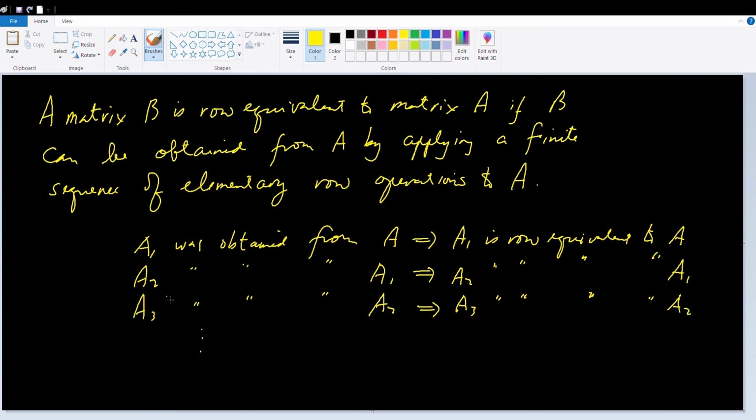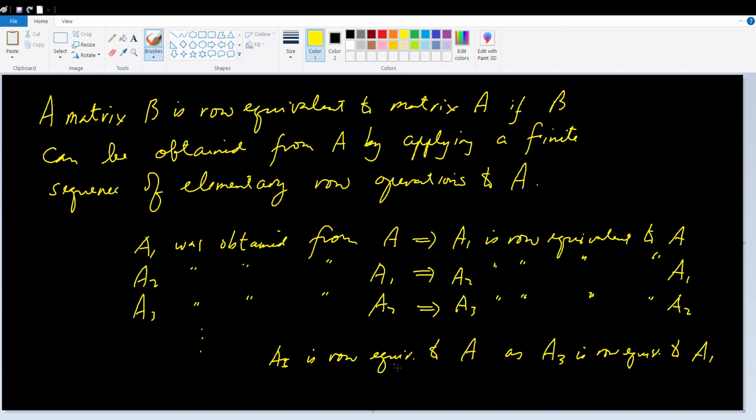So in other words, all the A sub i's are row equivalent to the other A sub i's, as A5 is row equivalent to A, as A3 is row equivalent to A1.